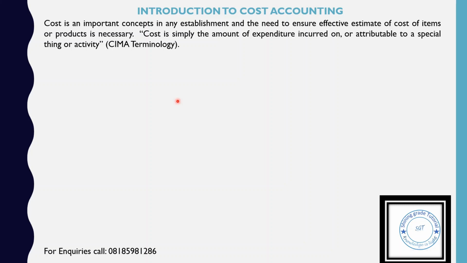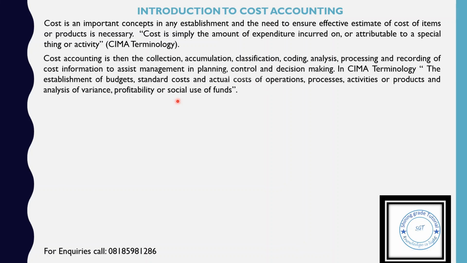having management accounting. Alright, so we can look at how cost accounting has been defined by the terminology. It's been defined as the collection, accumulation, classification, coding, analysis, processing, and recording of cost information to assist management in planning, control, and decision making.